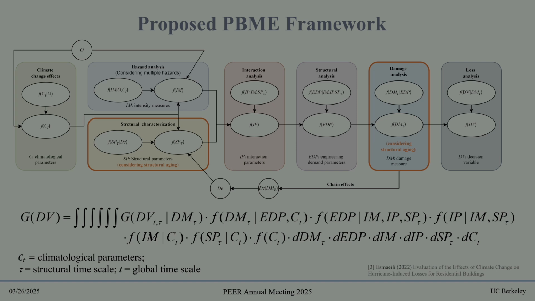And we need to design structures that are safe, not for the last 50 years, which would be if we were considering everything stationary, but for the next 50 or 100 years. So climate change introduces this dependency of the intensity measures on climate, which introduces also a particular time scale that is the global time scale, because fundamentally climate can be represented as a function of normal time in years.